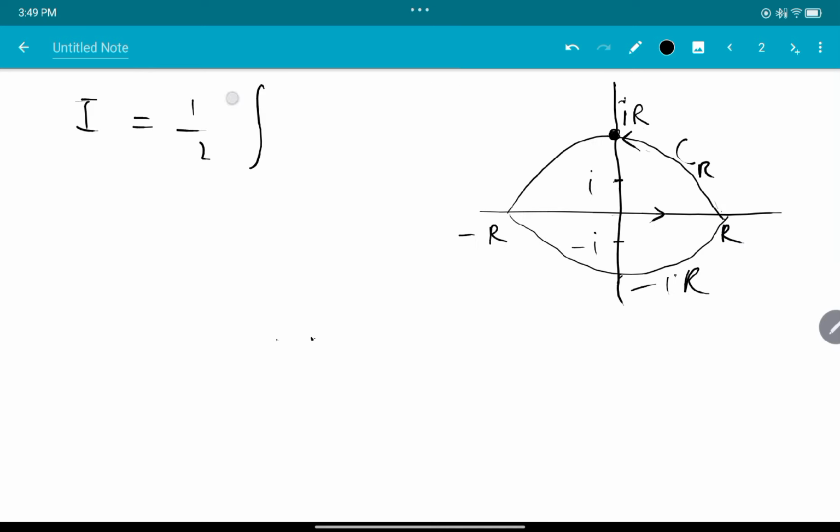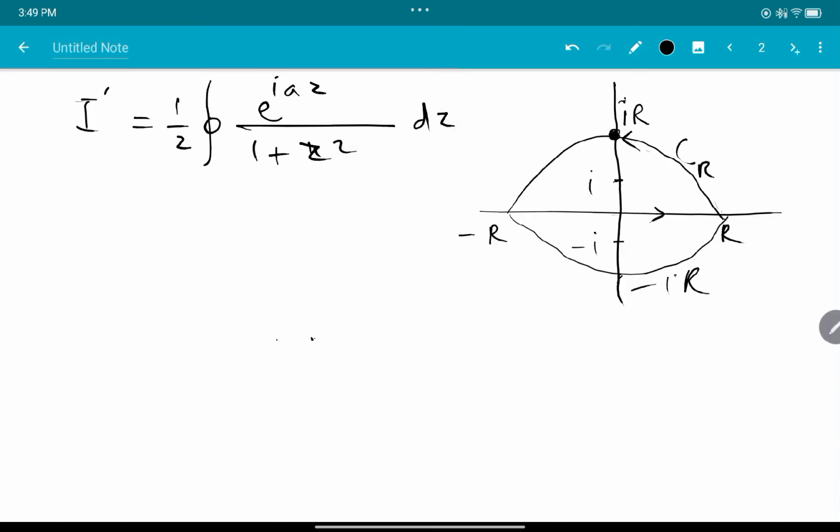You will see yourself that it will converge, that it will go to 0. Suppose my integral is I dash equal to the loop integral of e raised to i az divided by 1 plus z square dz.